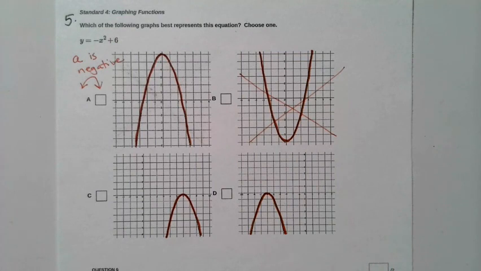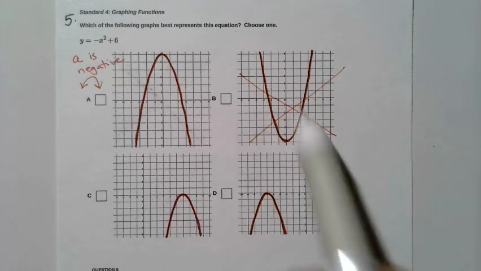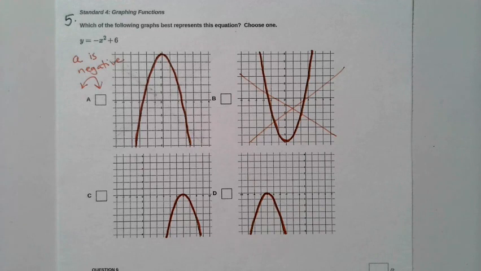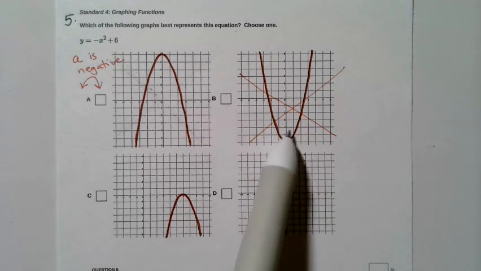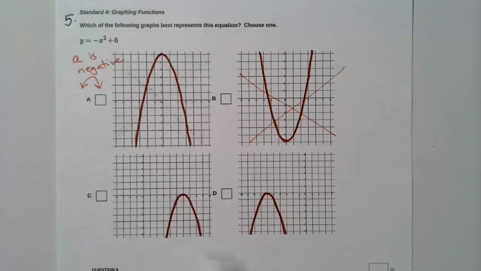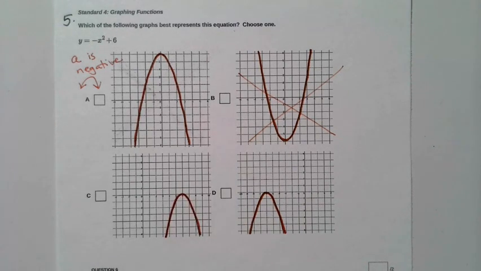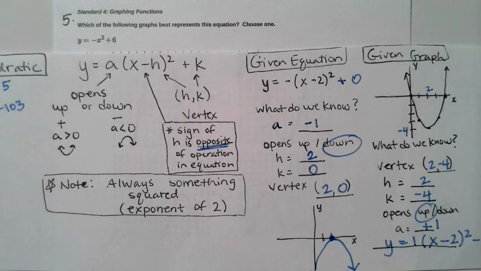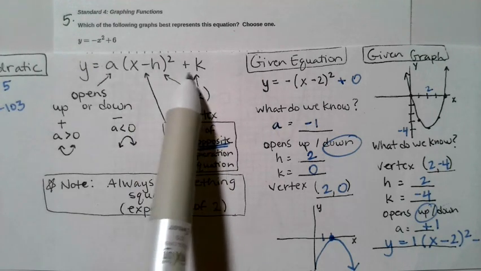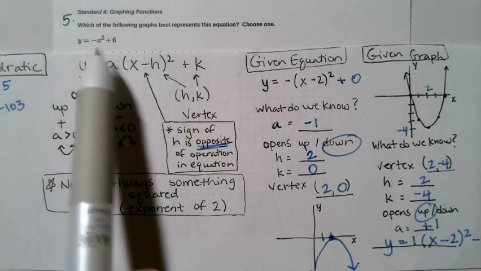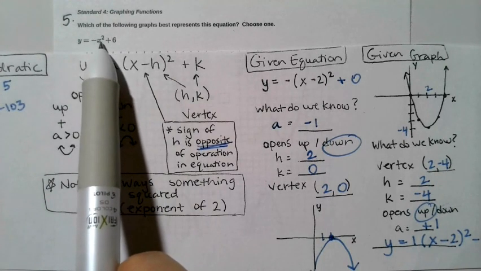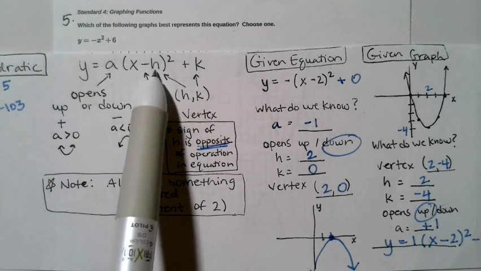Just a quick note here that your choices may be scrambled up and different than mine, so keep a look at the key characteristics that we're talking about and not just the letter marker. I want to continue looking at my equation, and I want to see what the h and k are. I notice that I don't have parentheses in this equation, which probably means that my h is 0.